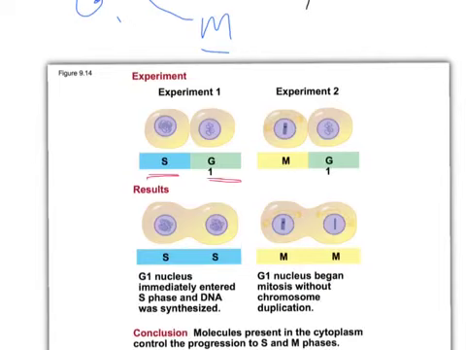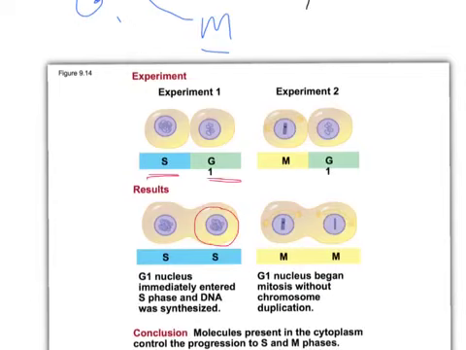It's just kind of growing. Okay? So if I took this nucleus from S or fuse these cells together, what happens is that this G1 cell immediately goes into S phase, regardless of what time I took it from.